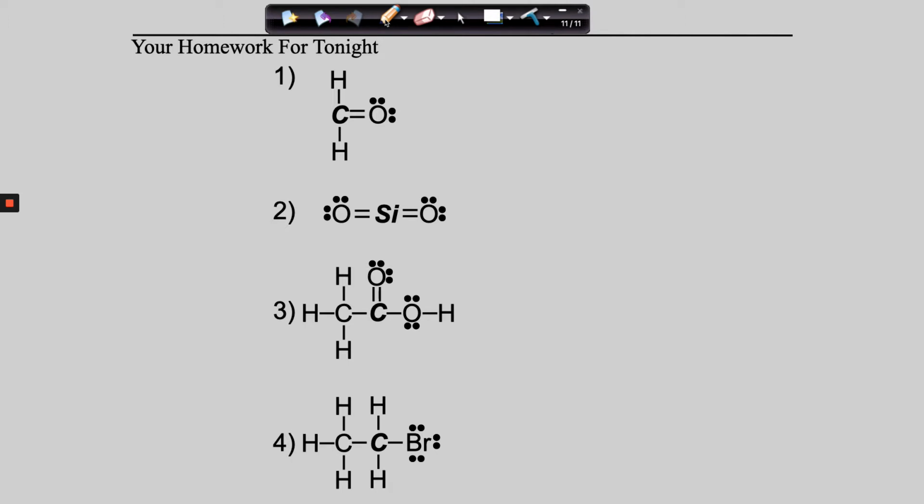So guys, how many domains are on that central carbon? 3. There are 3. So what is the domain geometry? It is trigonal planar because there are 3 domains. Now, guys, we got to figure out the molecular geometry and the angle. So now we need to ask ourselves this.